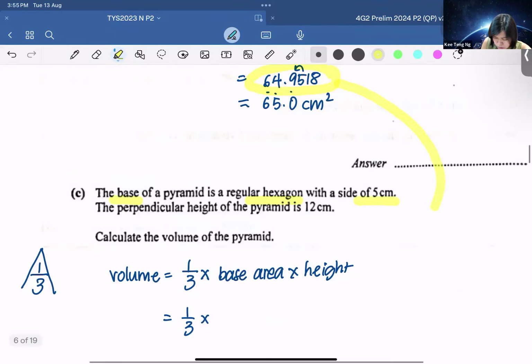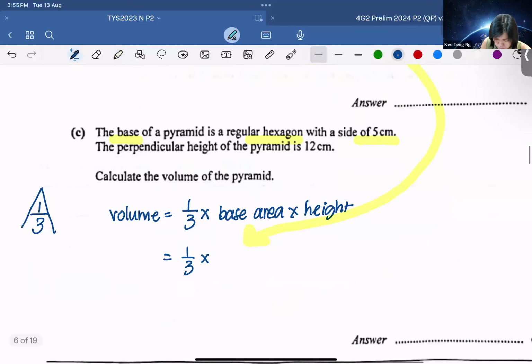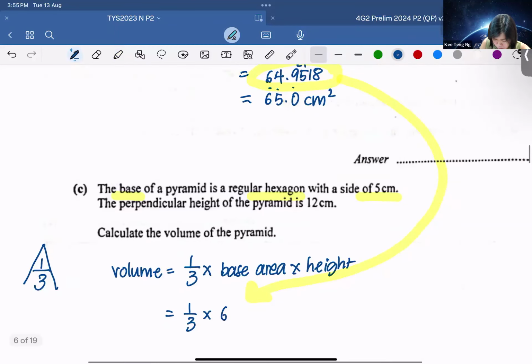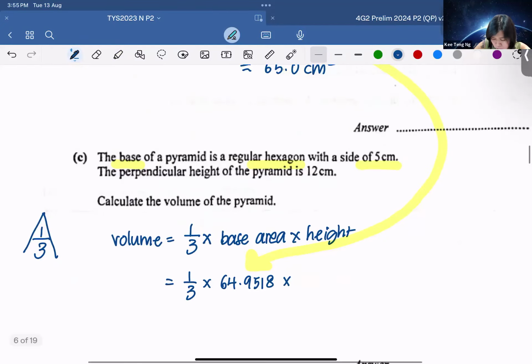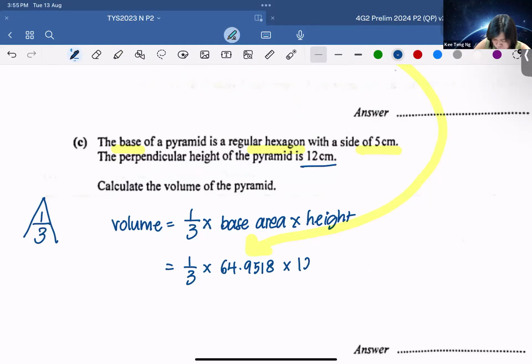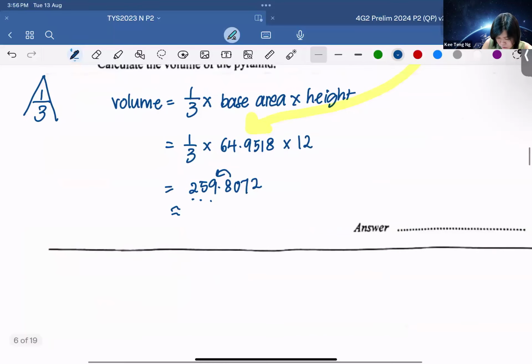So I'm going to use this base area, 1/3 base area, times, they say the perpendicular height of the pyramid is given. So we find the volume, and I get my answer. Then we round it off to 3 significant figures. Is this okay so far?